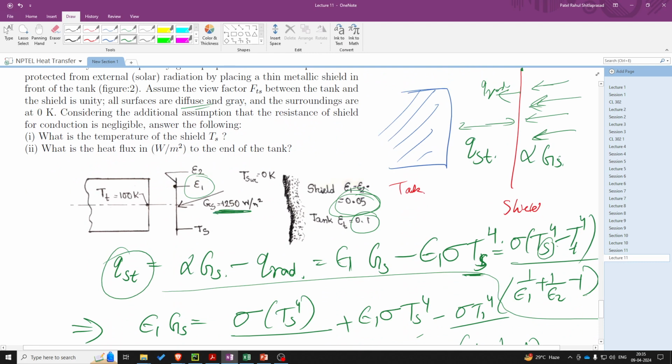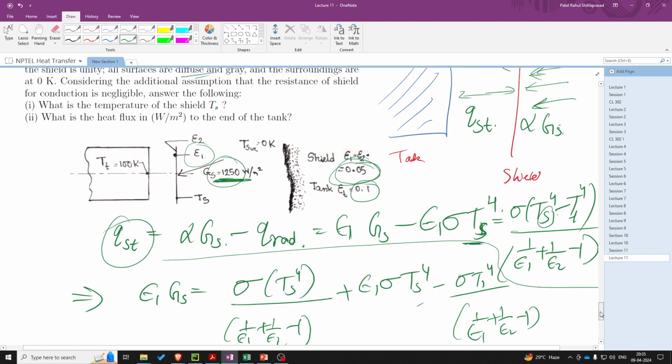The value of GS we have been given as 1250.